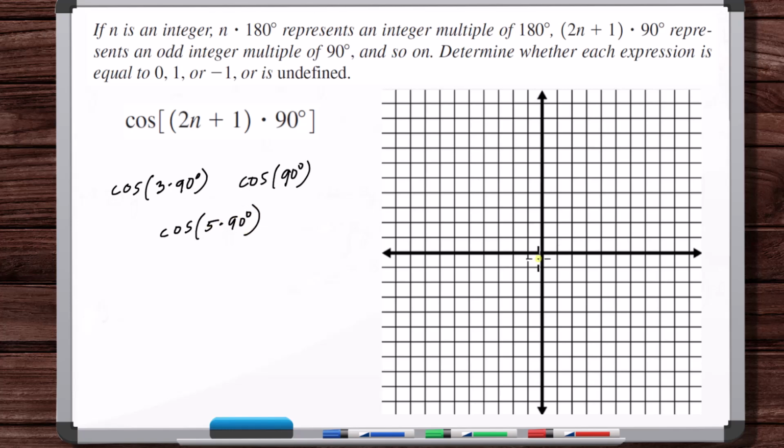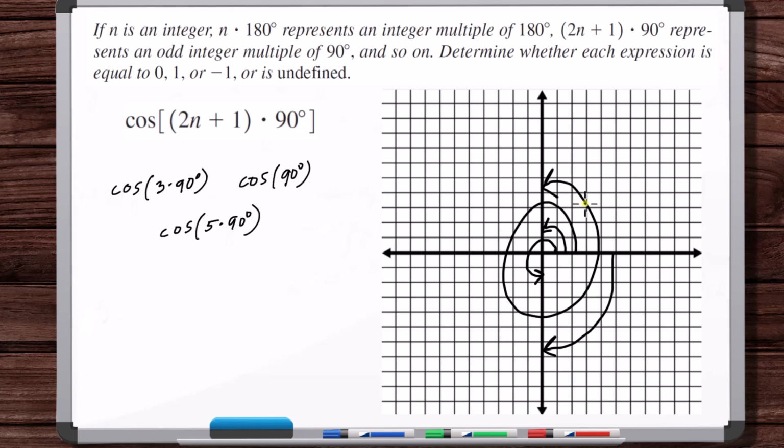So like you've got 90, or you could do 3 times 90, or you could do 5 times 90, or if n is negative 1, you would have negative 90. So it's going to be an angle that corresponds to either the positive vertical or the negative vertical.